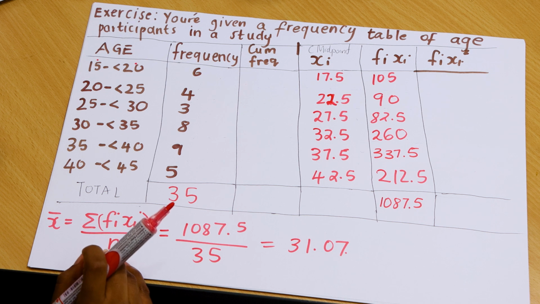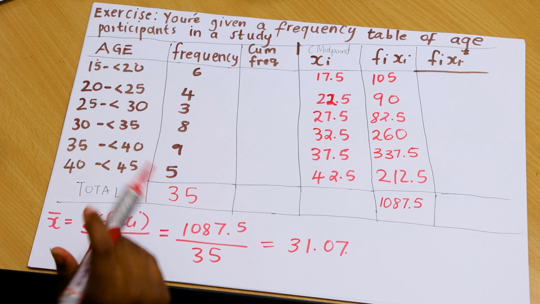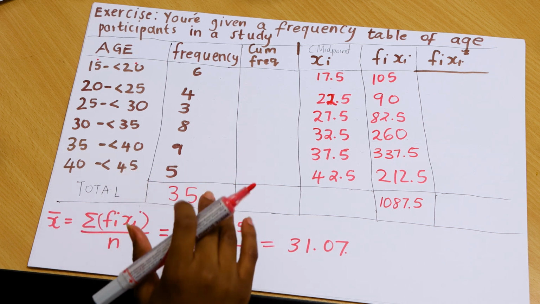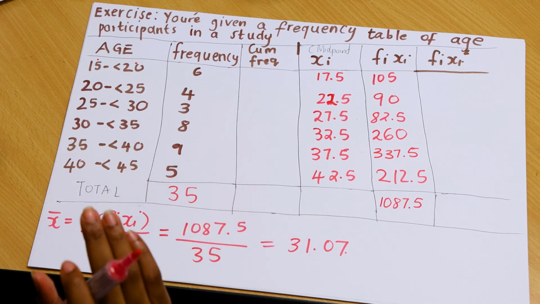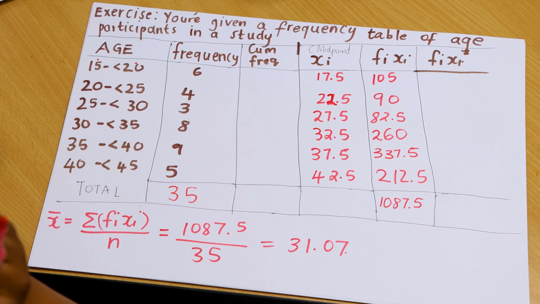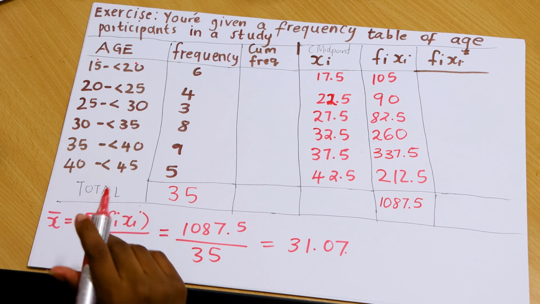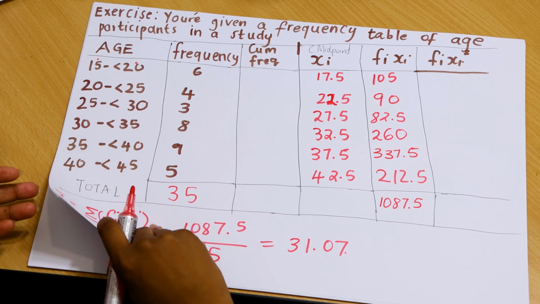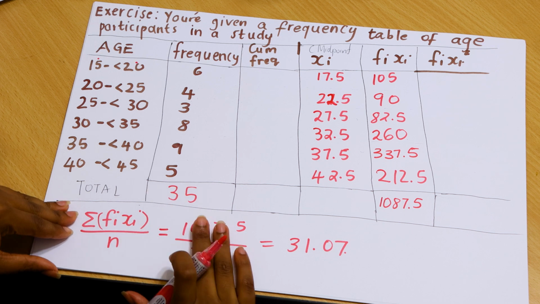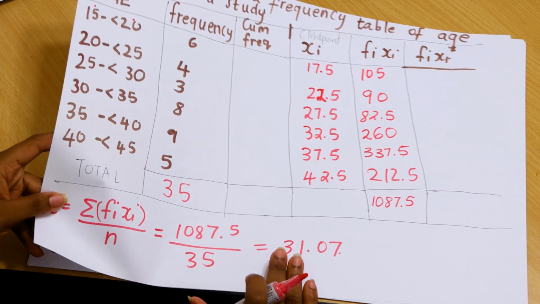And then the second step is to find the different components that you have to substitute into the equation. So let's first find the position of our median. Please make sure you copy this because I'm going to remove it.